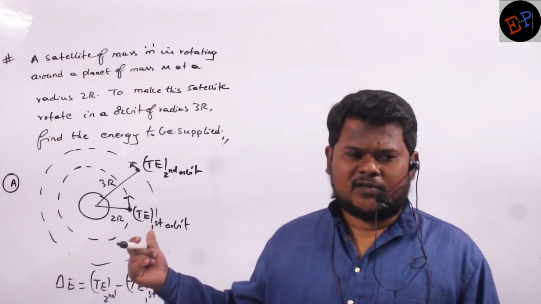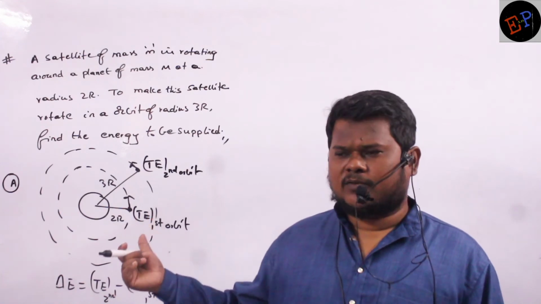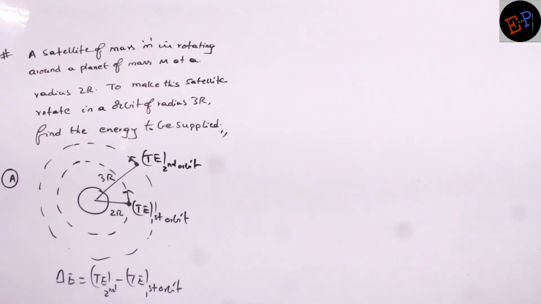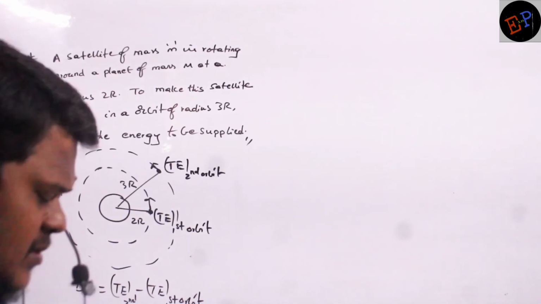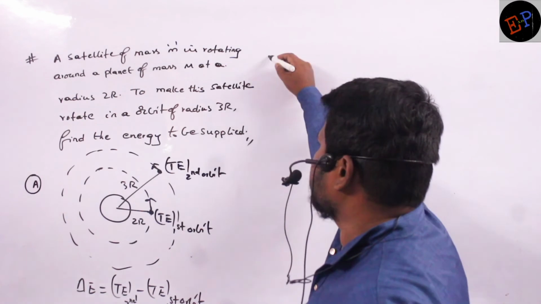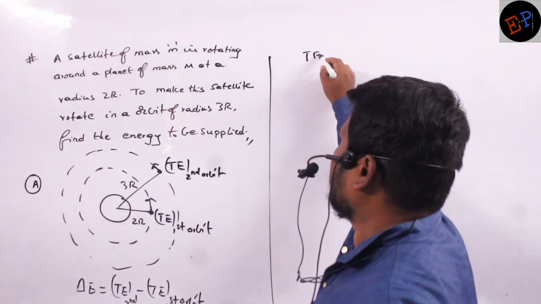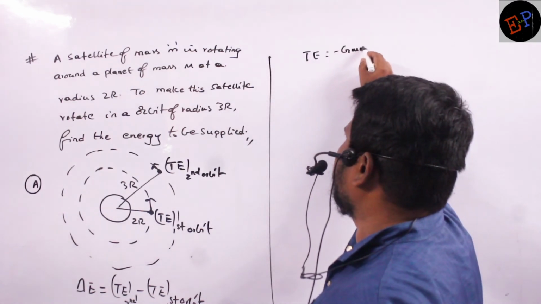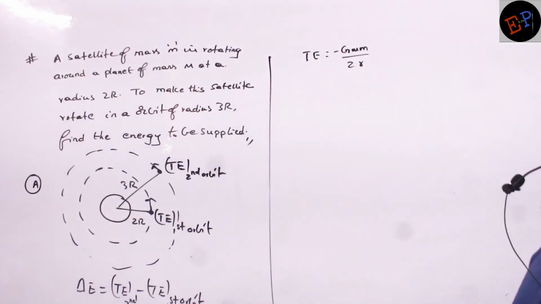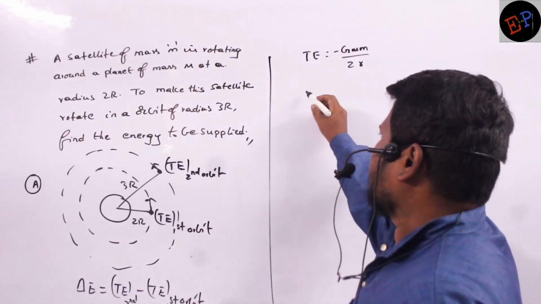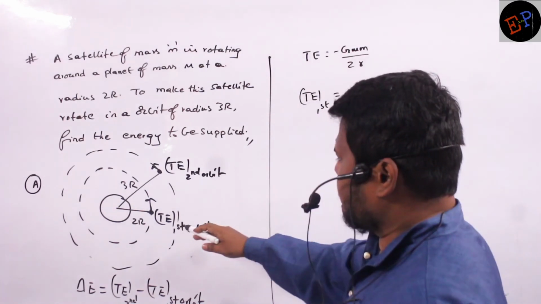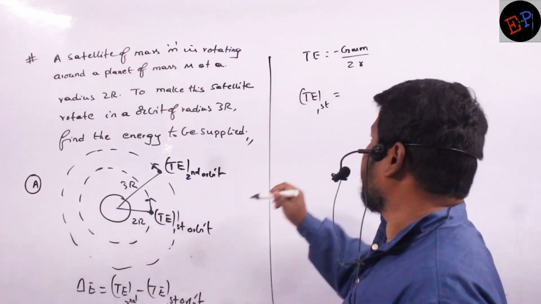Now we know the formulas for total energy, no? Substitute them, do the calculation and see what is the answer. Do you remember the formula for total energy? What is the formula? Minus GMm divided by 2r. This is the formula for total energy. So what is the total energy of the first orbit? The first orbit is present at a radius of 2r, no?